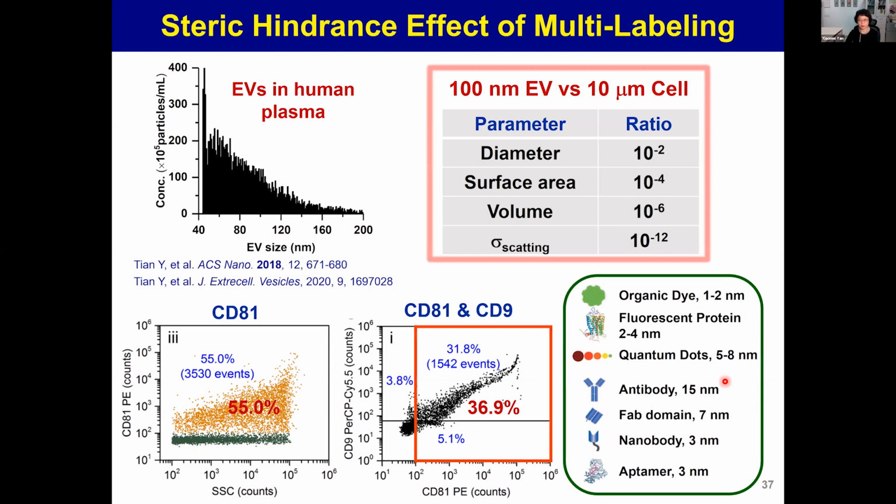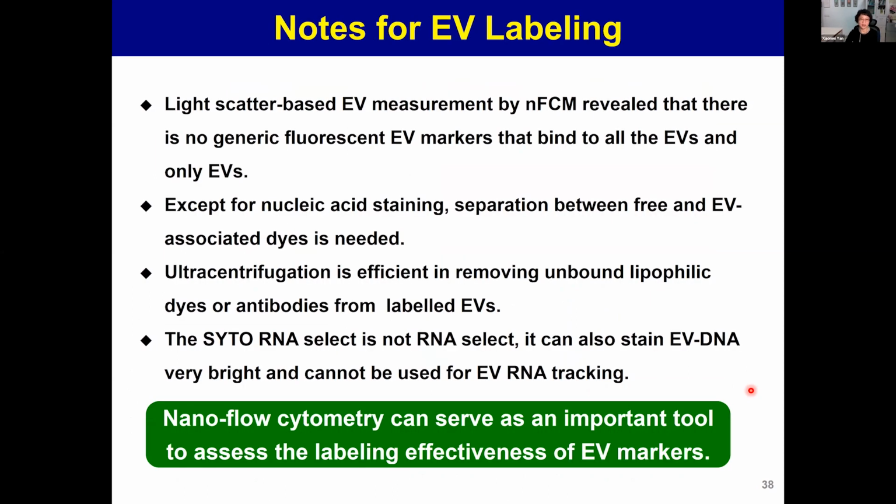So steric hindrance will definitely block the efficient labeling of multiple proteins on a single EV. Probably we need to consider using some small size ligands such as Fab domain or aptamer, or replace phycoerythrin with an organic dye.